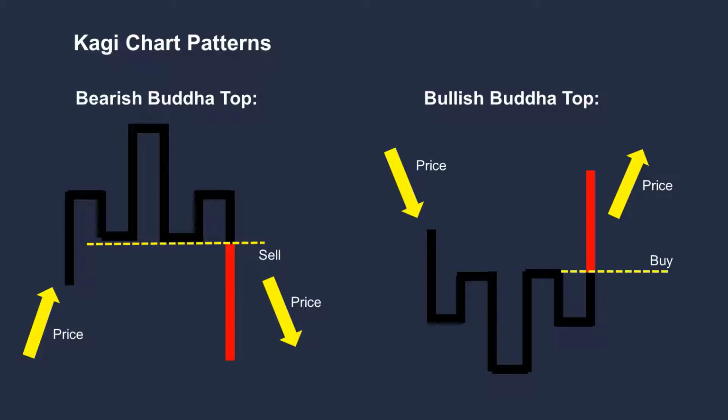So that is the simple pattern of the bearish and bullish Buddha. Now that is the perfect example. There are variants of it, it doesn't have to be that perfect, and sometimes they're quite hard to spot, but again a useful reversal pattern to look out for. I would use it in conjunction with other indicators on top of that to confirm the reversal in the price.